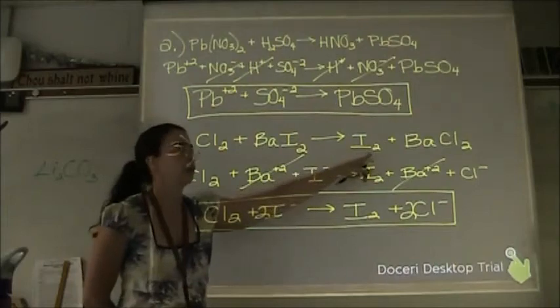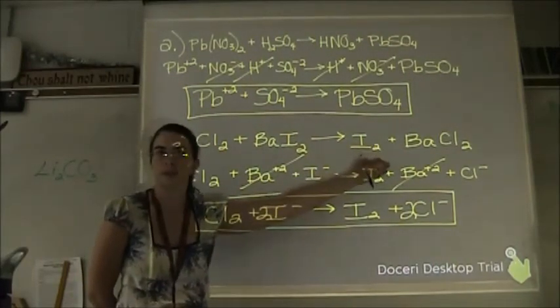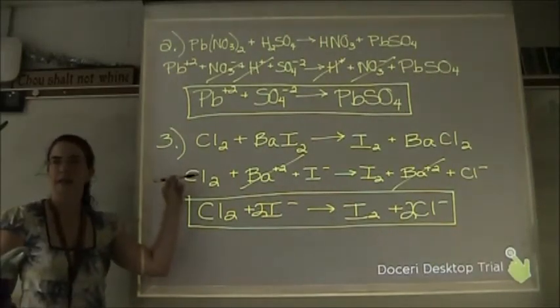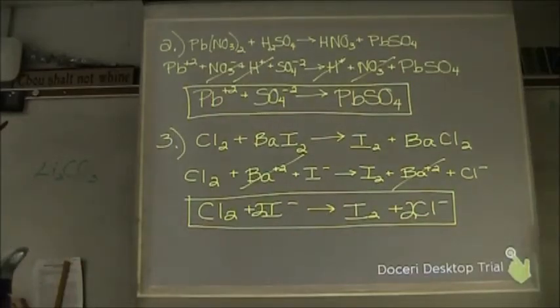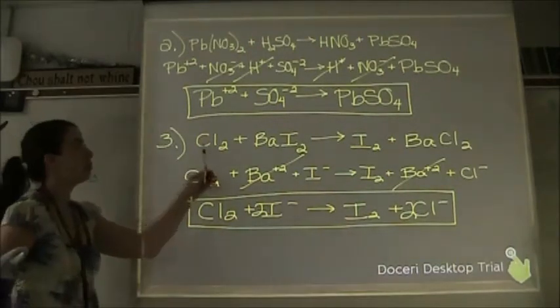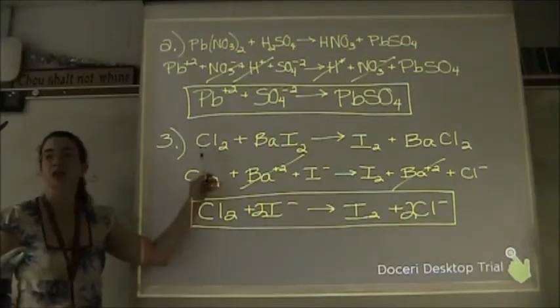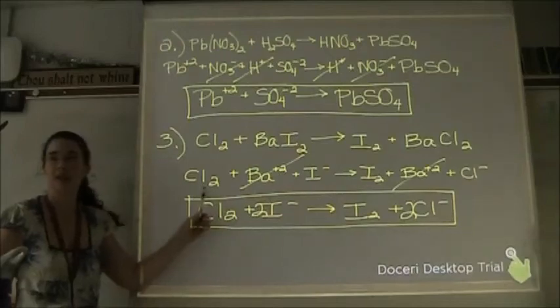How did I know this? Because how do you write iodine by itself? I2. Going down to the next line, and I said this to a couple of you, the solubility rules apply to compounds only. They do not apply to pure elements. So if you come across a pure element, don't change it. Keep it exactly the same, okay?